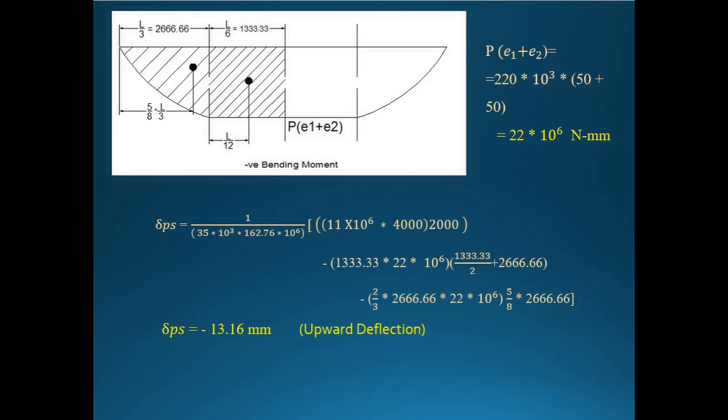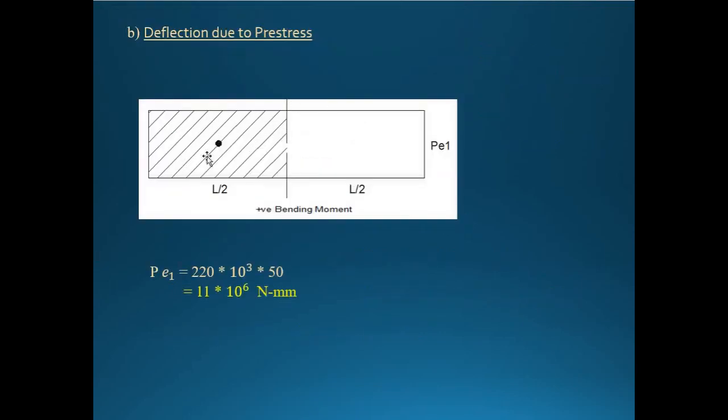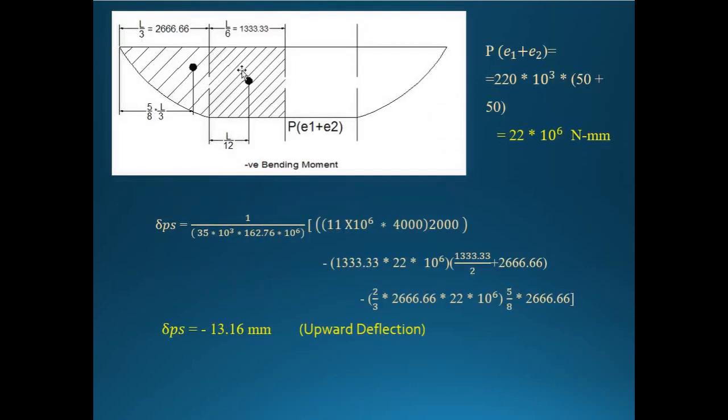Next is the calculation of deflection due to pre-stress. Deflection due to live load is not there; deflection due to pre-stress is there. So we should consider three areas here for the calculation. Which are those three areas? One is a rectangle, one is a parabola, and one is a rectangle. So let's start.